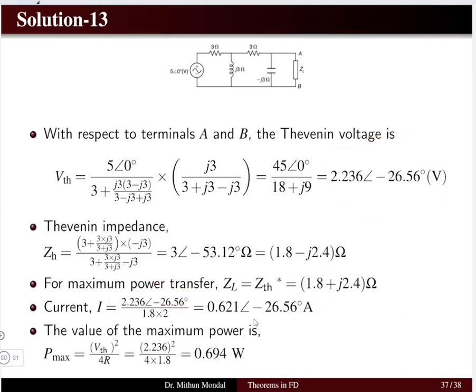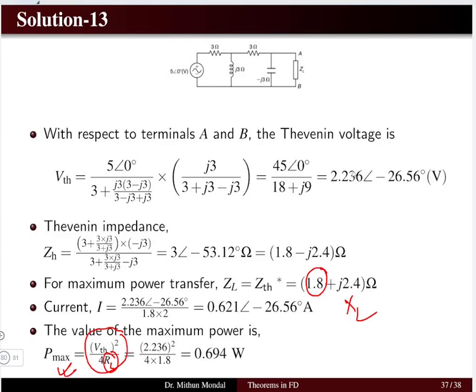Now the formula is V Thevenin squared divided by 4 times the load resistor RL. For RL we take only 1.8, because that is the load resistor at the terminals AB. We are not dealing with the XL value when calculating the maximum power under the maximum power transfer theorem.